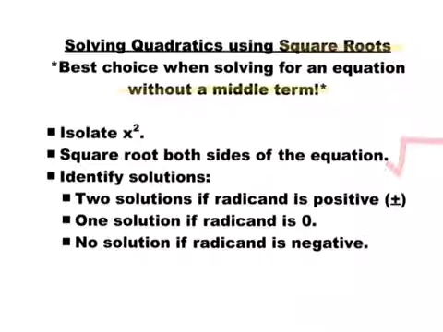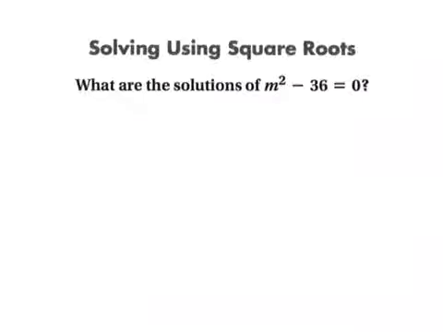Remember, they can be positive or negative. If the radicand is 0, you have one solution. The square root of 0 is just 0. And if that number under there is negative, you have no solution, because when you square root a negative, you are getting an imaginary number. It's not really possible. So let's try some of those.